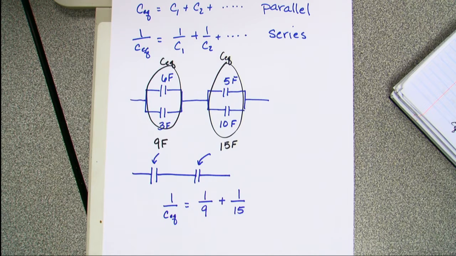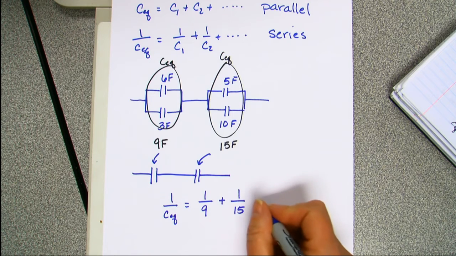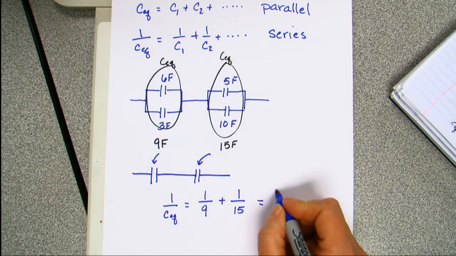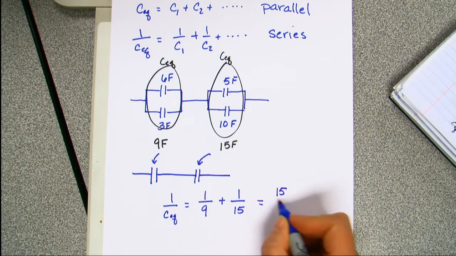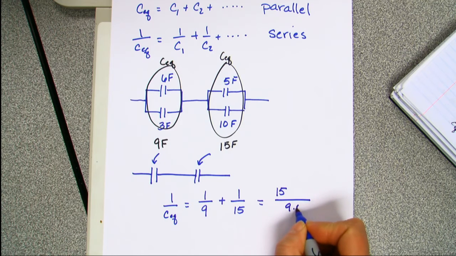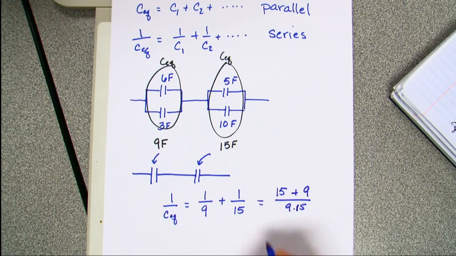I can find the common denominator, so let's do it that way just for grins and giggles. This is going to be 9 times 15 at the bottom, plus 15 plus 9 at the top. This is going to give me 24 over 9 times 15. Not doing that one in my head, not on a Friday morning. This is 135, and this is equal to 1 over CEQ.